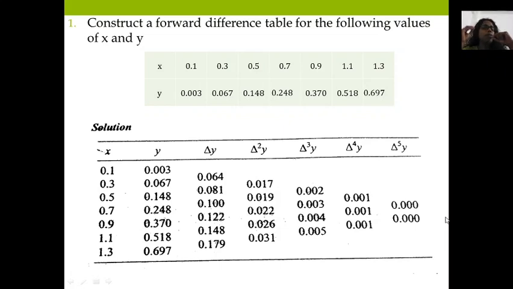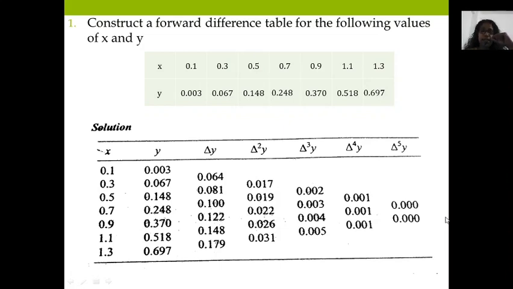This session is all about understanding these finite difference operators. And the first of the finite difference operators is the forward difference operator.